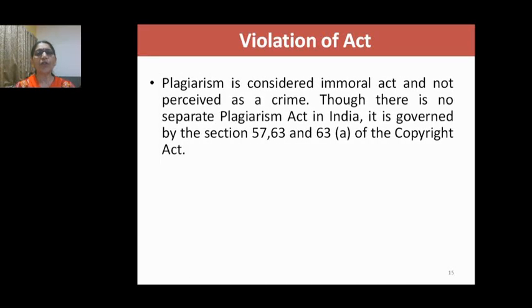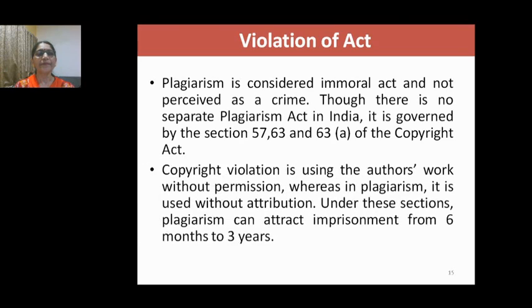So regarding the violation of the act, plagiarism is considered an immoral act and perceived as a crime. Though there is no separate plagiarism act in India, it is governed by sections 57, 63 and 63A of the Copyright Act.